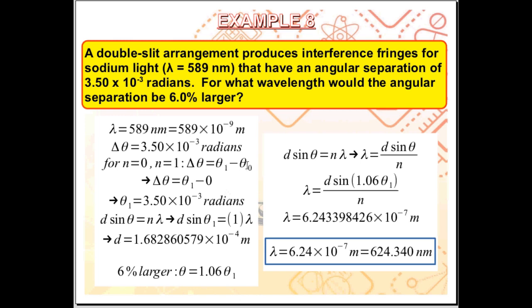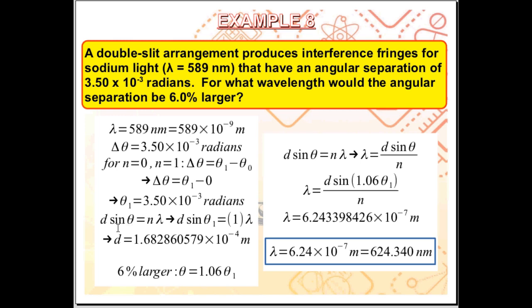The central bright fringe is located at the center of the interference pattern for the double slit, so theta 0 is just equal to 0. We are able to get theta 1, 3.50 times 10 to the negative 3 radians.